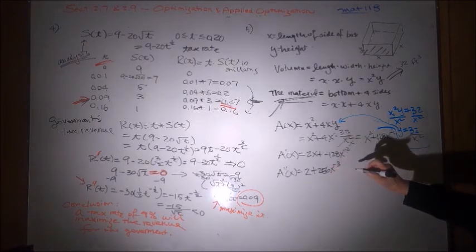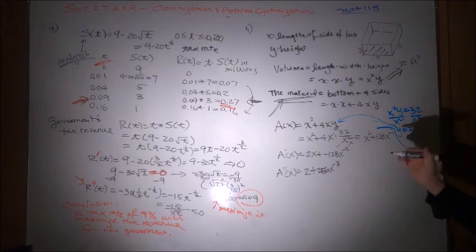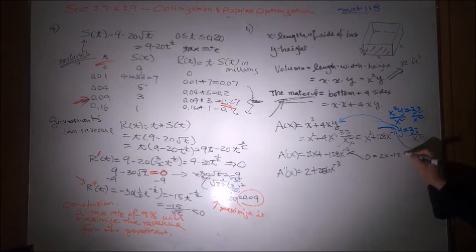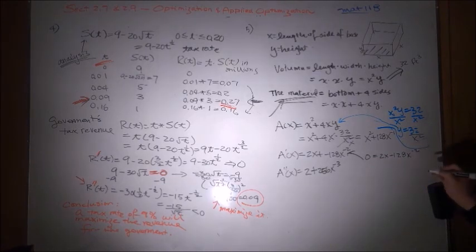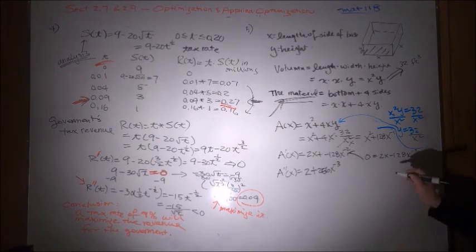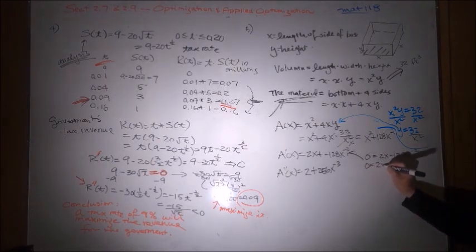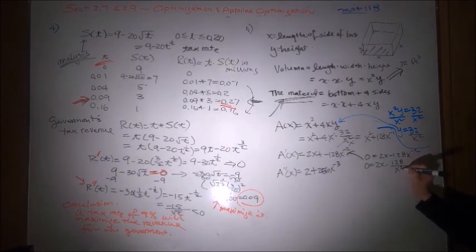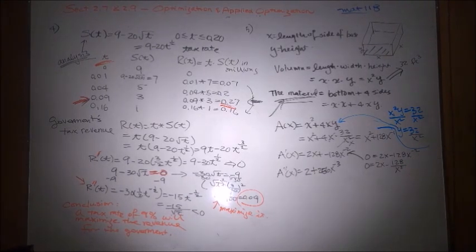Then to find the maxima or minima, we need to set this equal to 0: 0 equals 2x minus 128x to the negative 2. Then we need to solve this. You need to know how to solve what? Your rational equation. Right? Then how do we solve this?